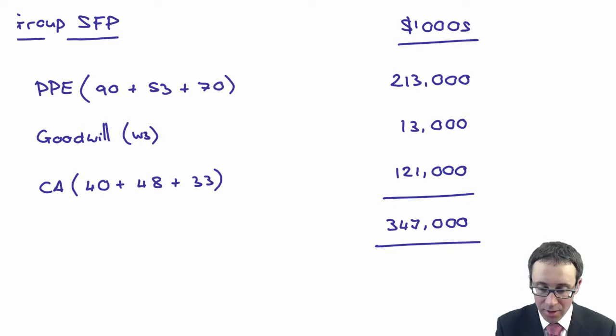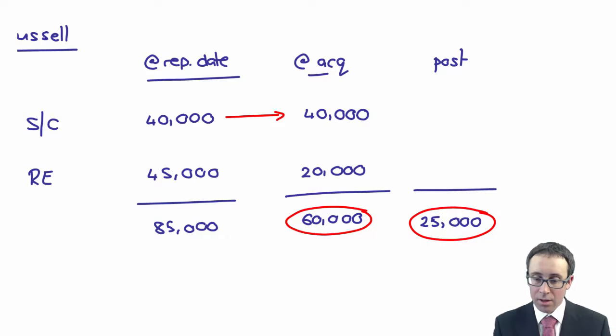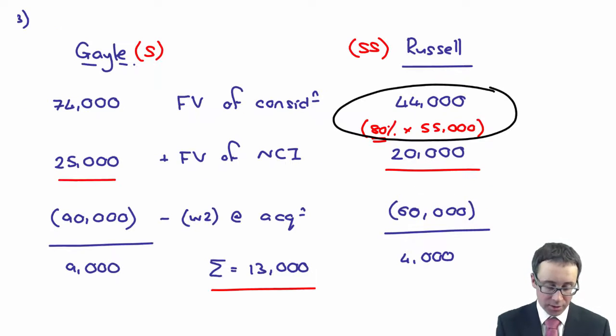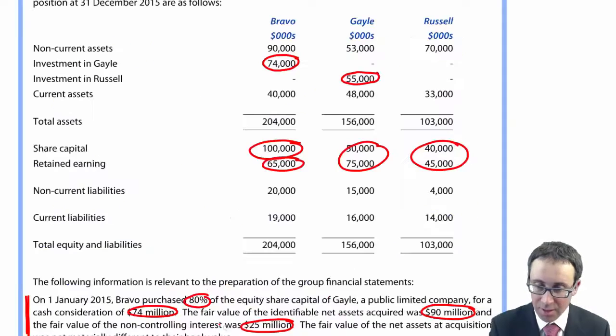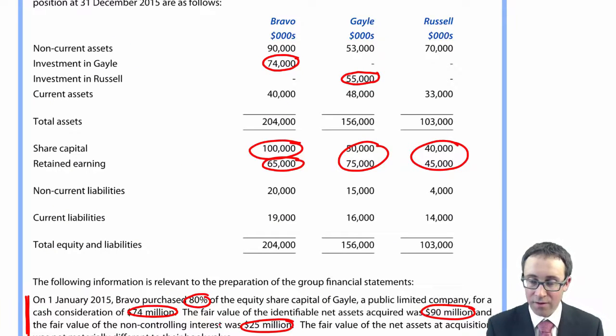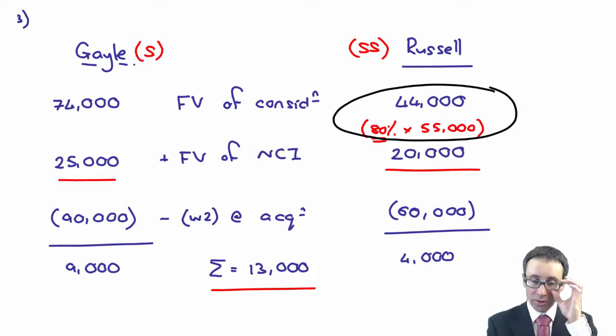Let's just have a quick check, shall we, in the calculations on the goodwill. First goodwill, 74 plus 25 less 90 gives me 9. 80% of 55 gives me 44 plus 20 less 60 gives me 4, so that's 13. So that looks right there, doesn't it? I don't think there's anything that we've done untoward there.